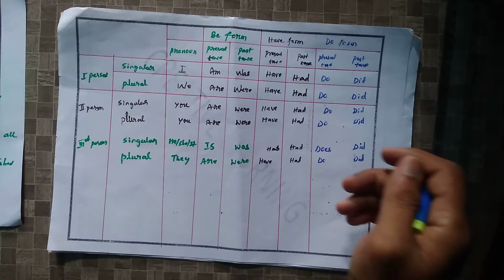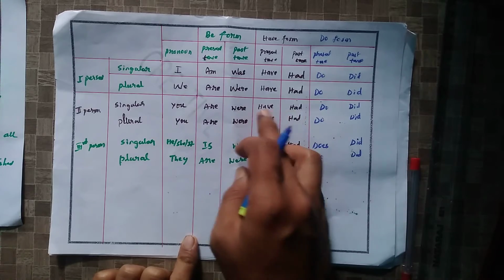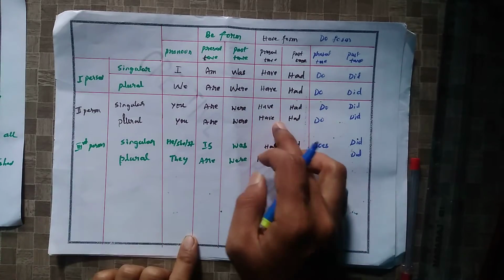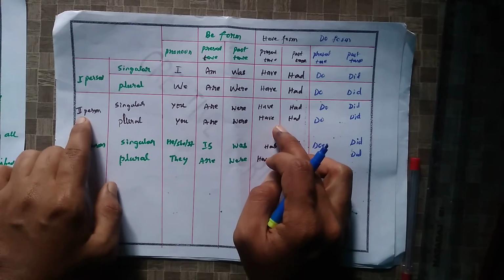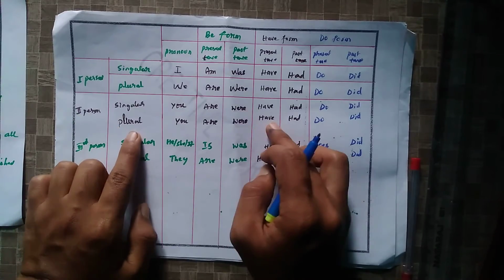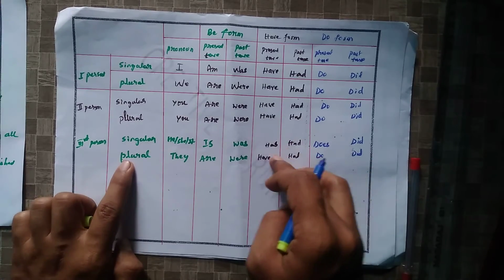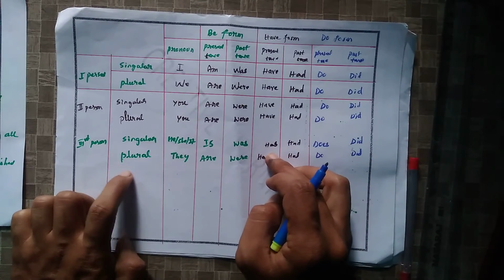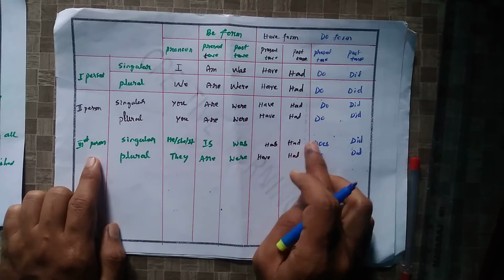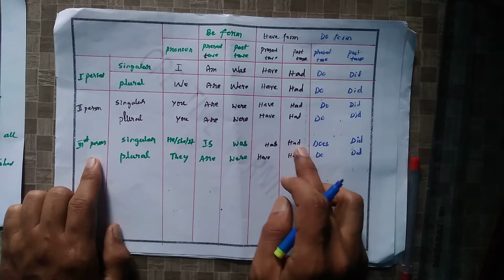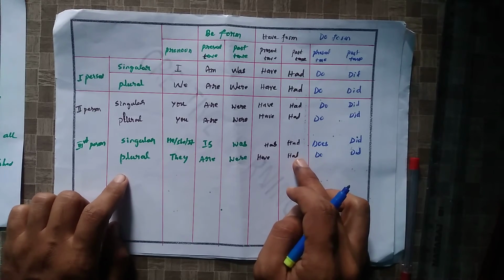Similarly, for the second person, have becomes had, and for second person plural, have becomes had. Next, for third person singular we use has. For third person plural we use have. Similarly, in past tense for third person singular we use had, and for third person plural we use had.